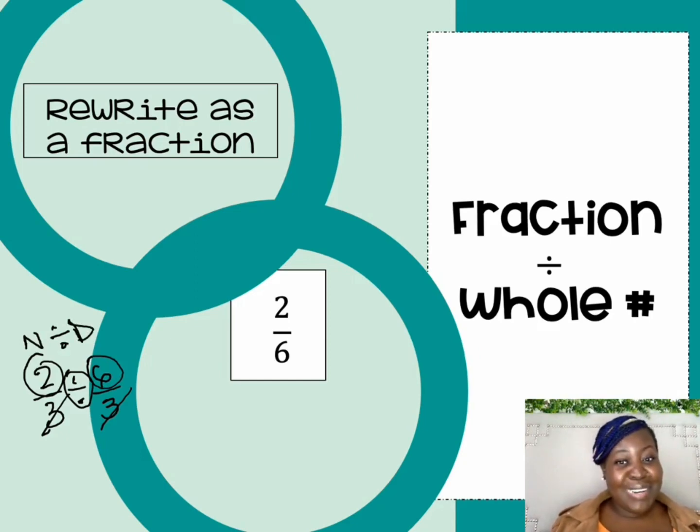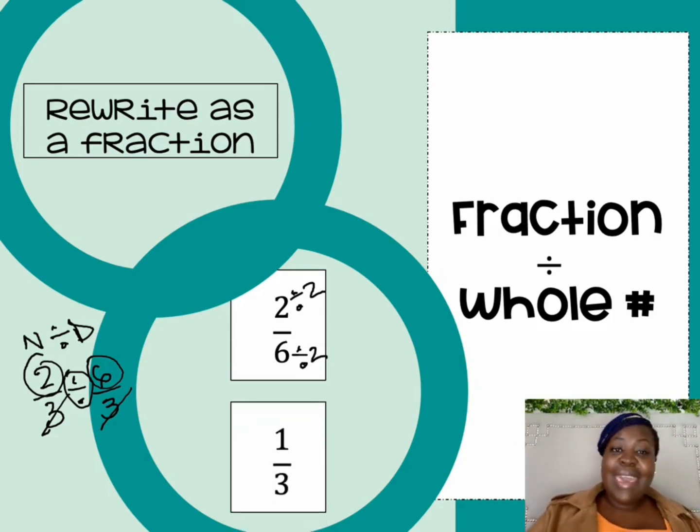That's basically what it is. You can also break down your 2/6 by dividing your numerator by 2 and dividing your denominator by 2. We know that 2 divided by 2 is equal to 1, and 6 divided by 2 is equal to 3.